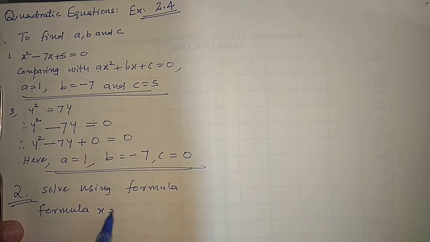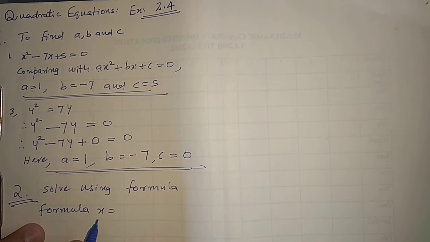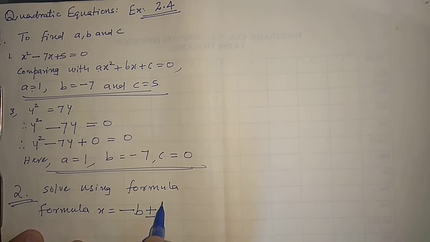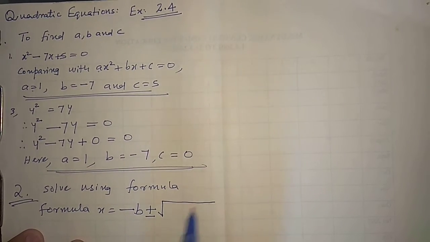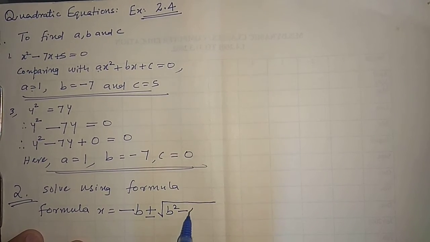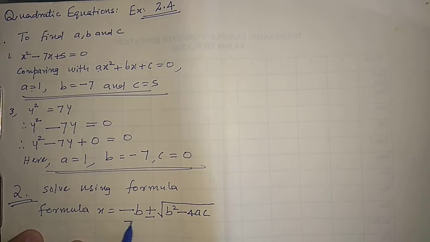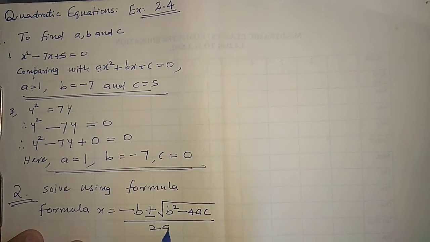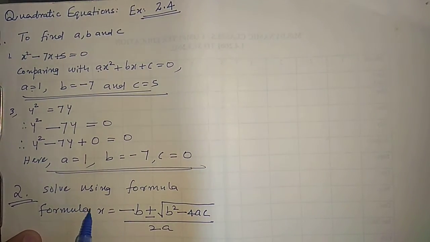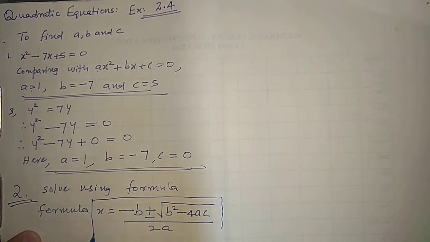The formula to find the roots of a quadratic equation: x is equal to minus b plus or minus root of b square minus 4 into a into c, upon 2a. This is the formula we have to use to find the solution.